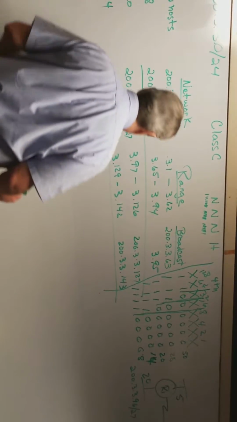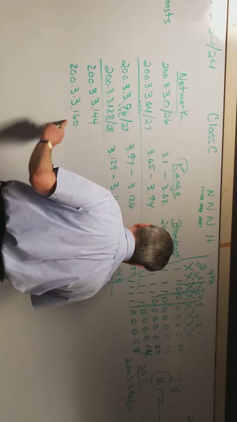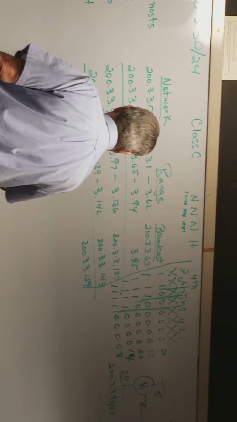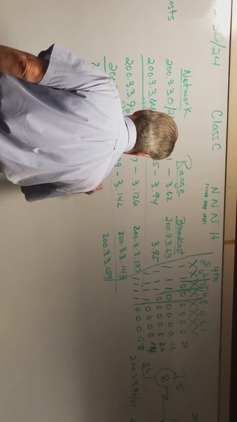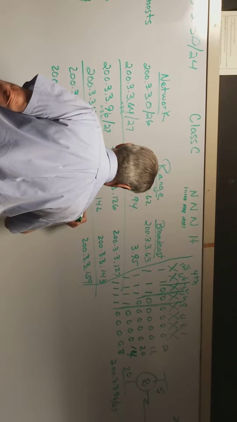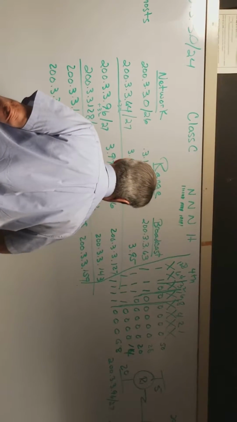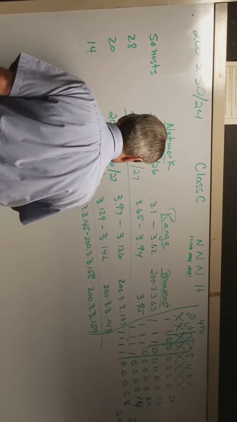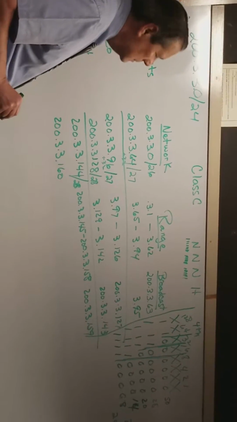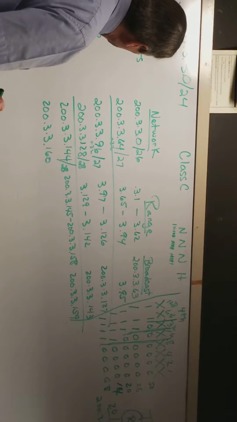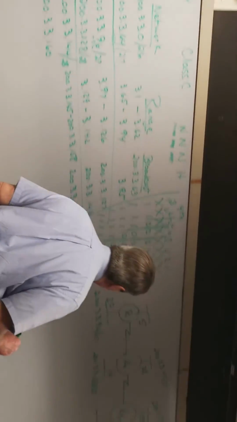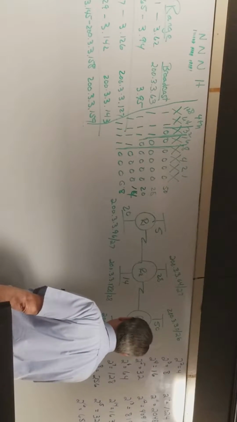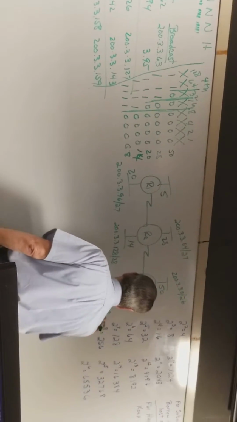So 200.3.3.160 means this one has to end at 159. I'm going to go from 200.3.3.145 to 200.3.3.158. That's 8, and that's going to be a slash 28. Does everybody agree with that? So that's the 144: 200.3.3.144 slash 28.